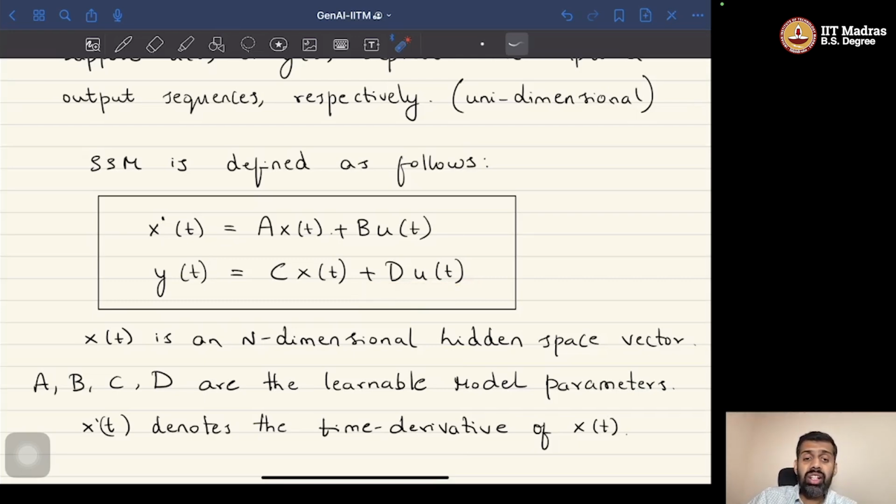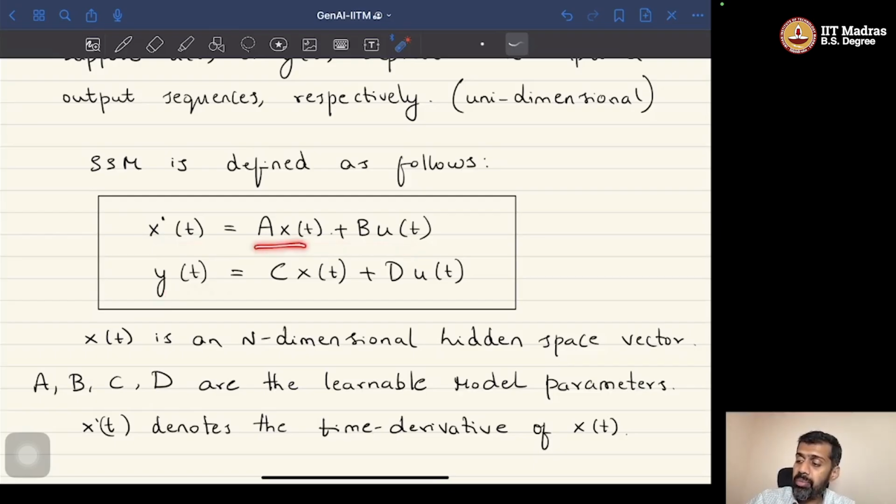Now, it is not difficult to see that this has similarities with recurrent neural networks, where the difference is that in recurrent neural networks, the relationship that governs the dynamics is nonlinear, whereas in a state space model, the relationship between the state dynamics and the outputs is governed by linear equations.